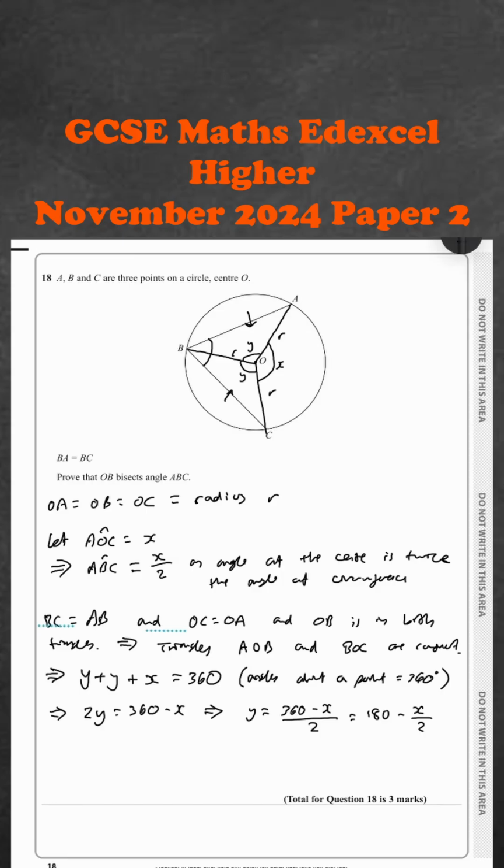We also know, in fact, I might actually just give these smaller angles a name. Let's call these A and B. So we also know that since OB equals OA, this is also an isosceles triangle. So this angle here must be A, and this angle here must be B. So isosceles.